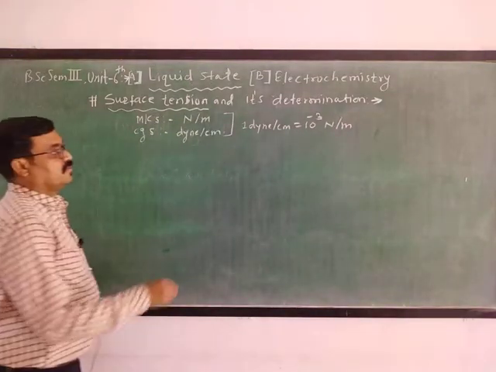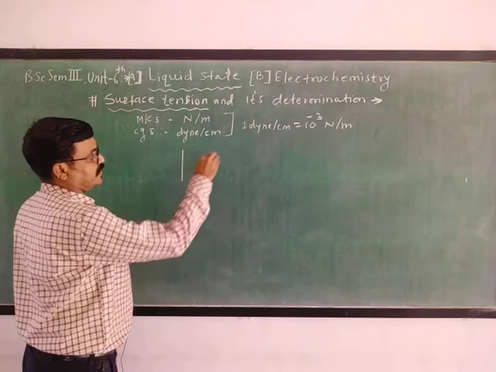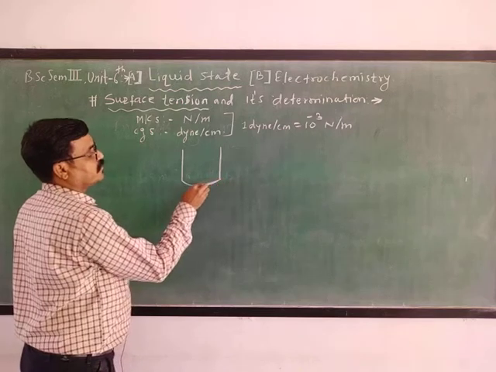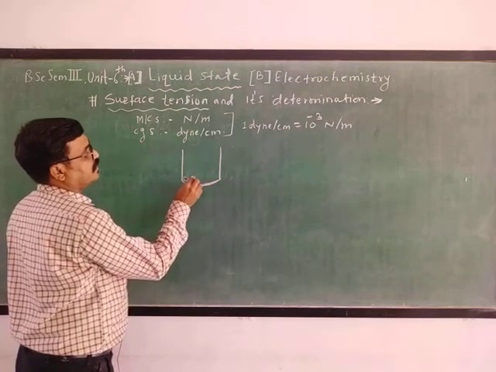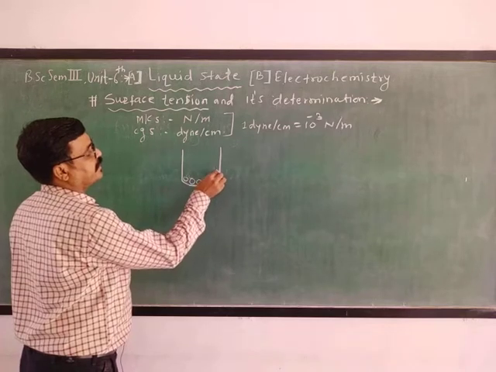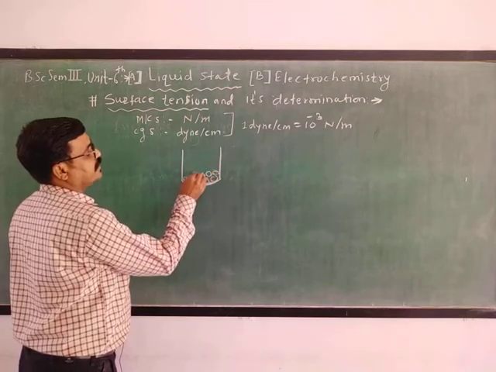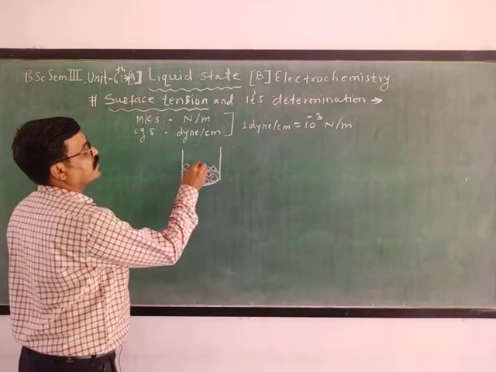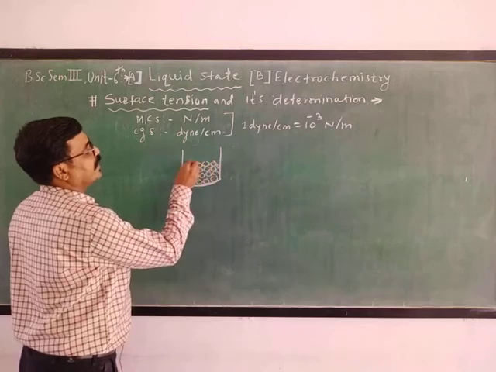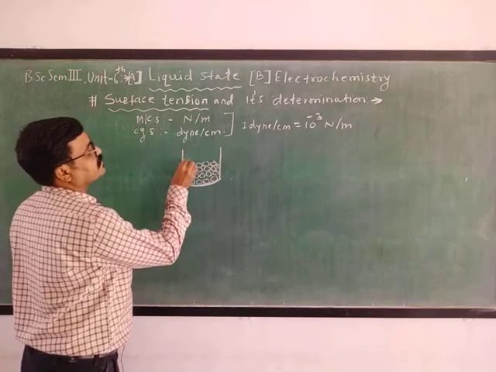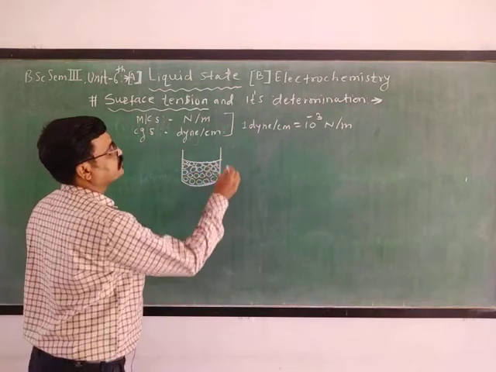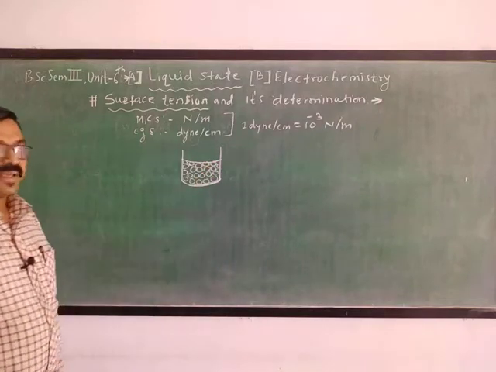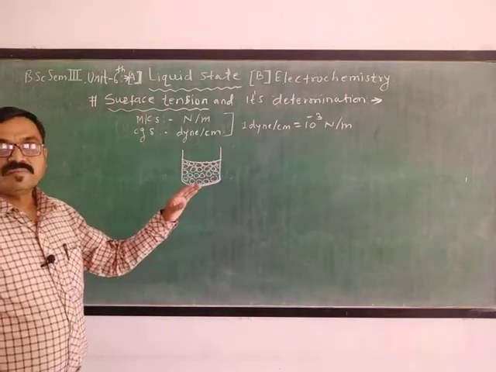Further, if a liquid is taken in a vessel, a beaker or any container, then except mercury, all other liquids show an intermolecular force of attraction among the constituent atoms or ions of the liquid, and the upper surface looks concave.